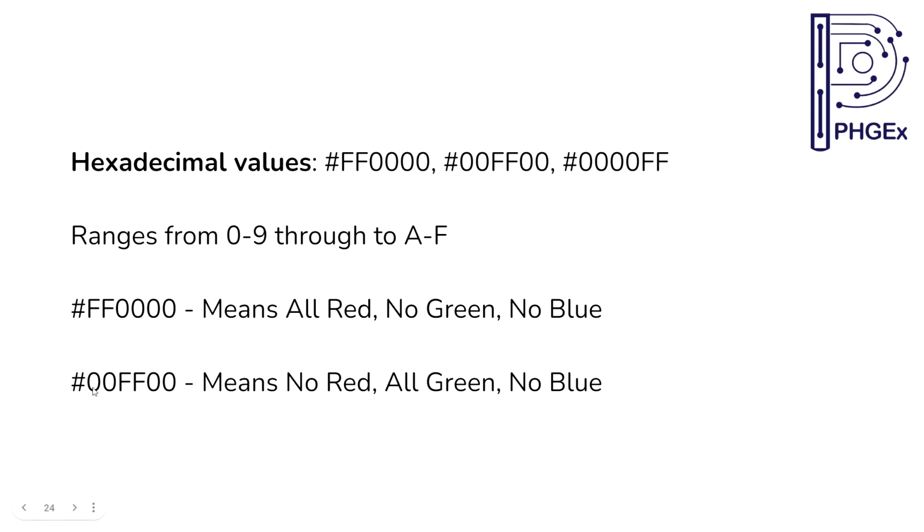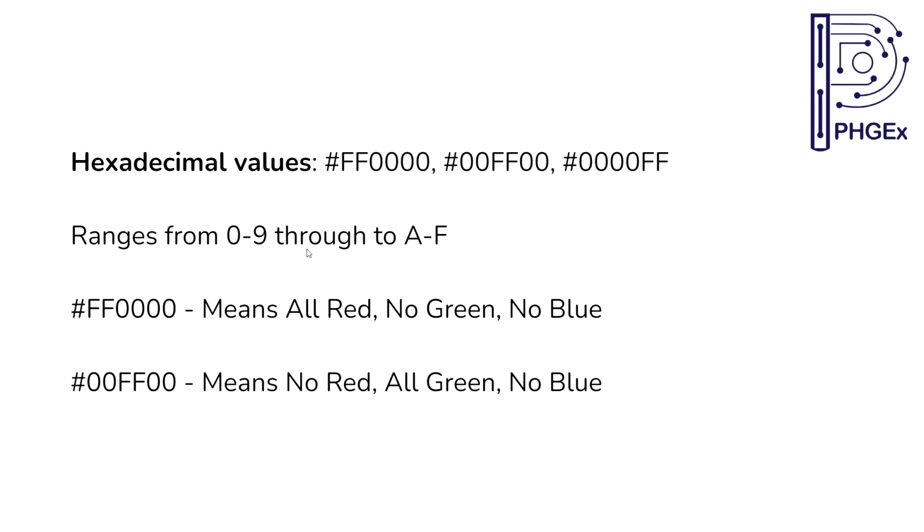And then hash 00FF00 is going to give us green, because red is off, green is on, and blue is off. And that is how we specify hexadecimal values.